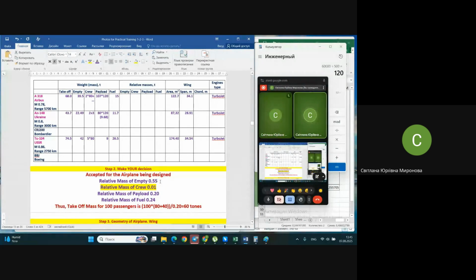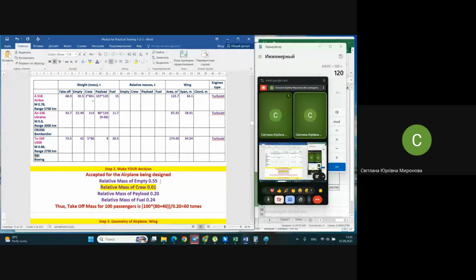It's whatever sort of equipment, general equipment, electrical equipment, radio navigation equipment, and so on, and some specific equipment, whether it's cargo airplane or passenger, it's already included in this mass. And plus to this, we have the weight of the engine. And altogether, it's the so-called empty equipped airplane.